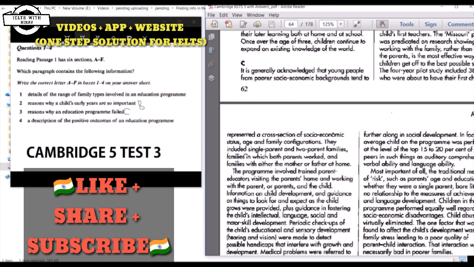So this is the range of families involved in this program. So I'm predicting my answer over here as D. So I'm writing my answer as D.